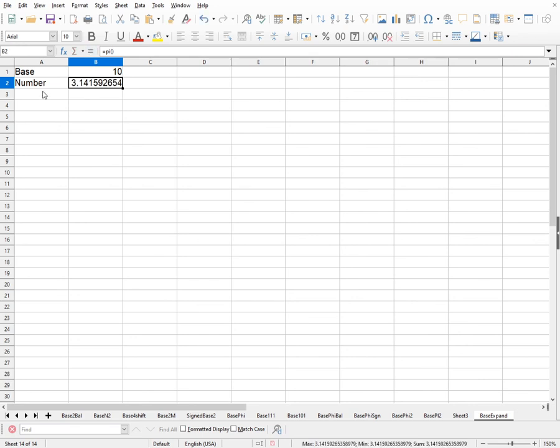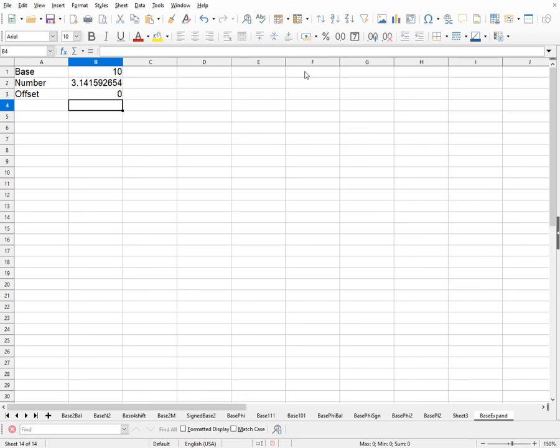So there's our number pi. We also need an offset to allow for the number of times we had to divide by the base in order to get our starting number. So in this case, I'm going to start with 0.